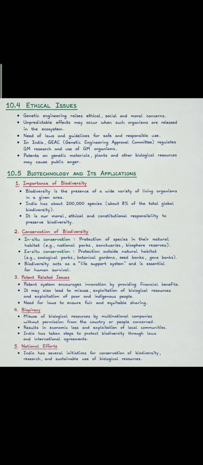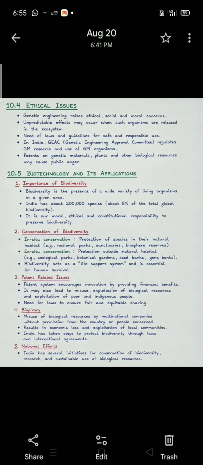And next one is patent related issues. The patent system encourages innovation by providing financial benefits. It may also lead to misuse and exploitation of biological resources and exploitation of poor and indigenous people.